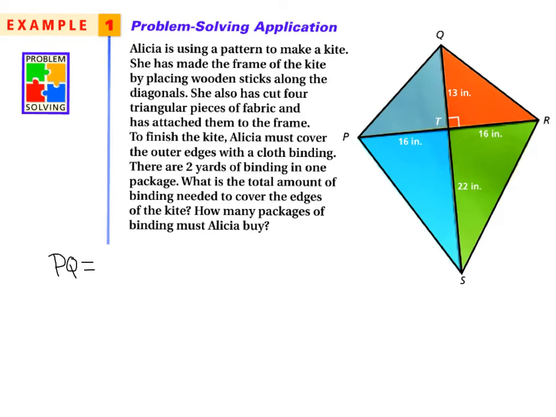I'm going to have to use 16 squared plus 13 squared equals C squared. So 16 squared plus 13 squared gives me the square root of 425 equals C. And if I simplified that, I would find that the length of PQ is 5 root 17 inches.